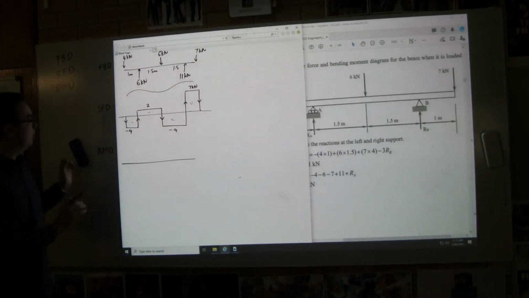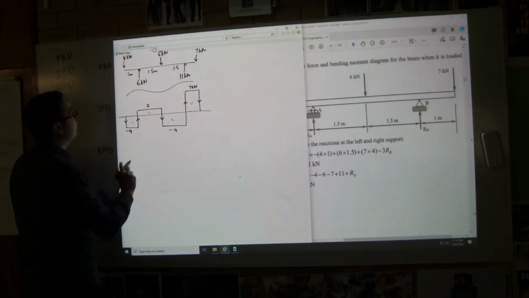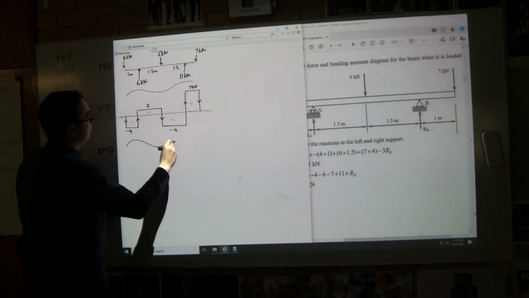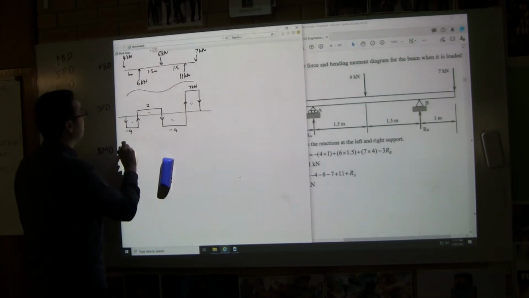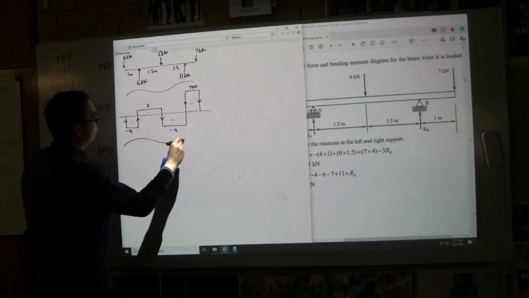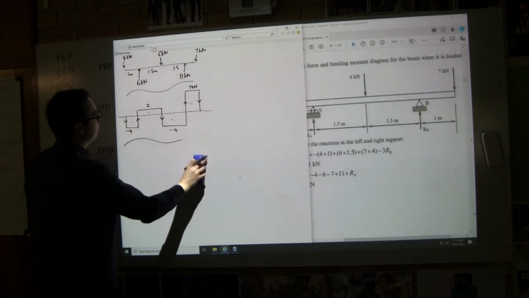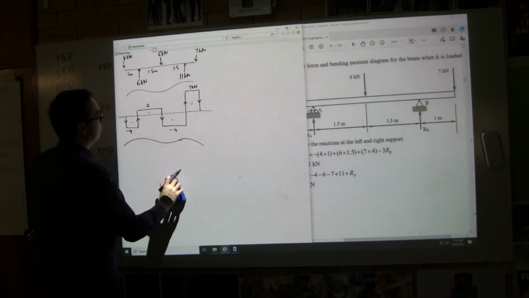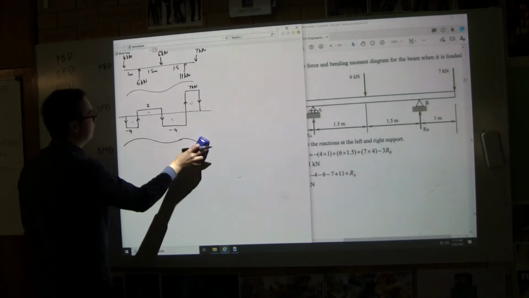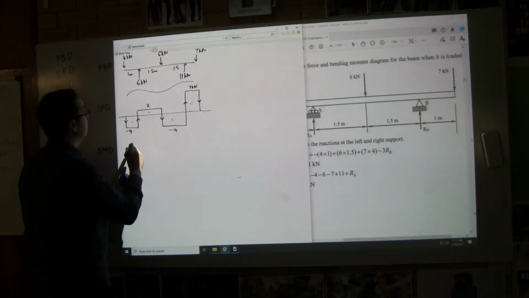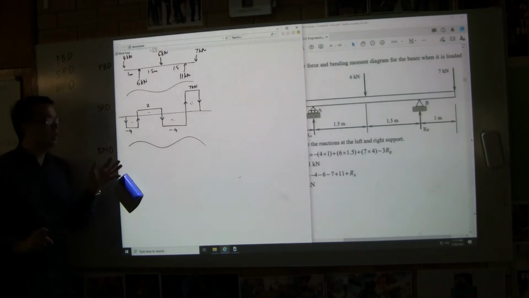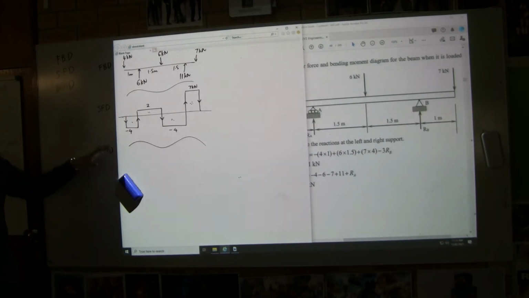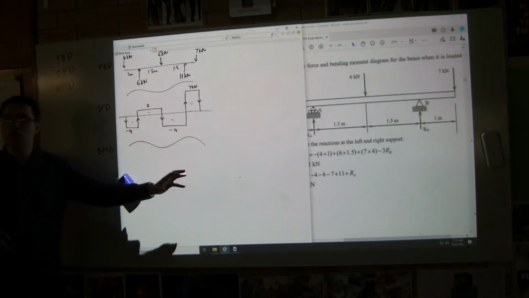I've heard other teachers when I've done marking talk about this as well, that it's actually not a bad idea. They even suggest getting a ruler and trying to predict what it's going to look like. These are big forces here at the end. So it's probably going to be little and then big. That's what the deflection of the beam is actually going to look like.